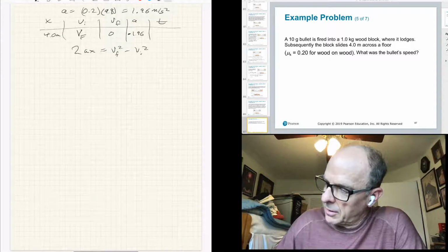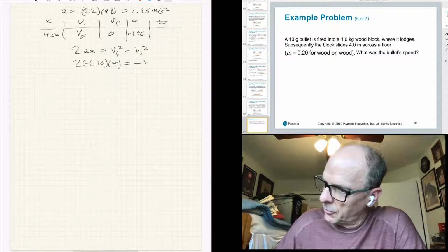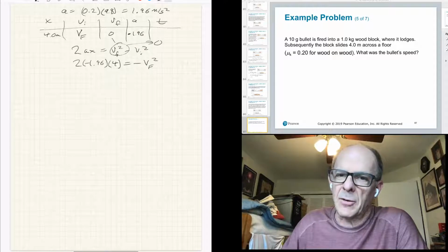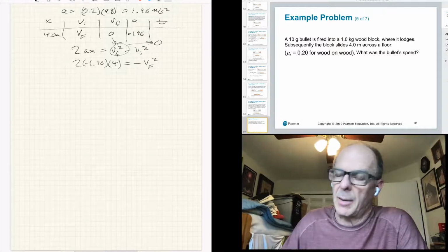This is then 2 times minus 1.96 times 4 equals minus v big F squared, because this thing here is the 0. That's this guy. That's how fast the block is going after it's come to a stop.